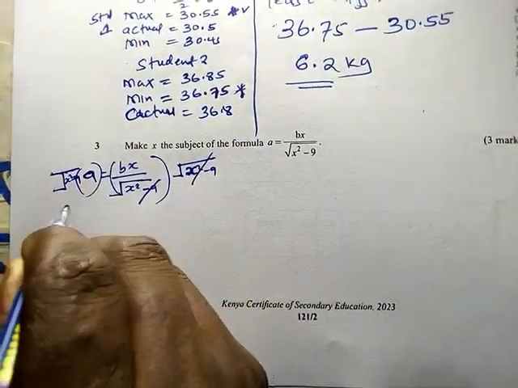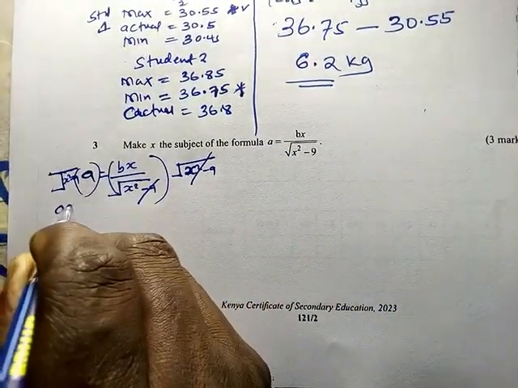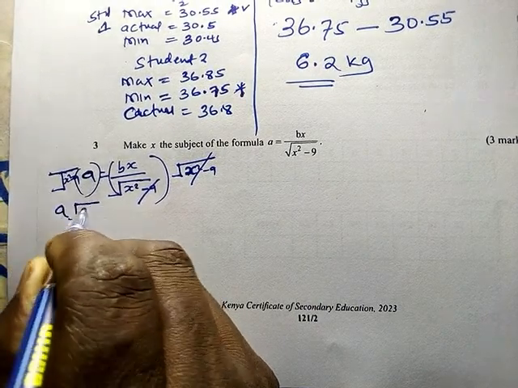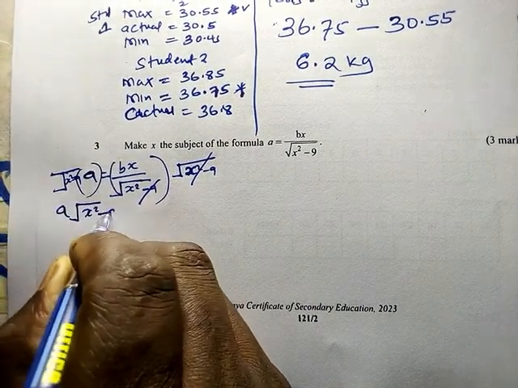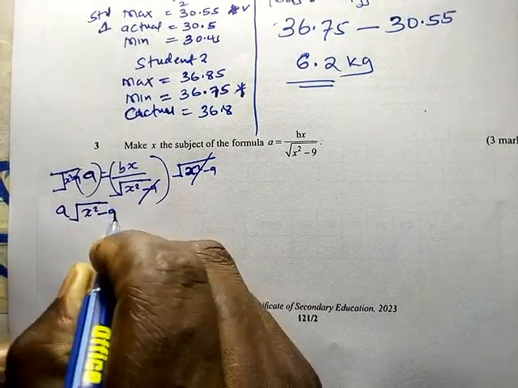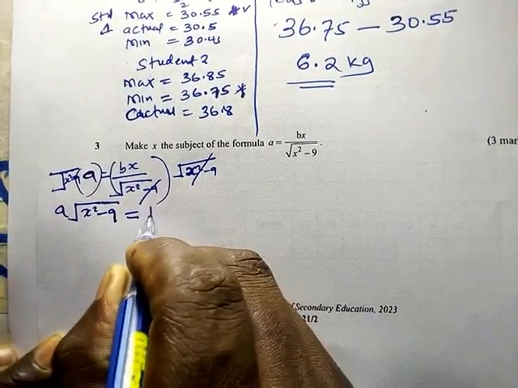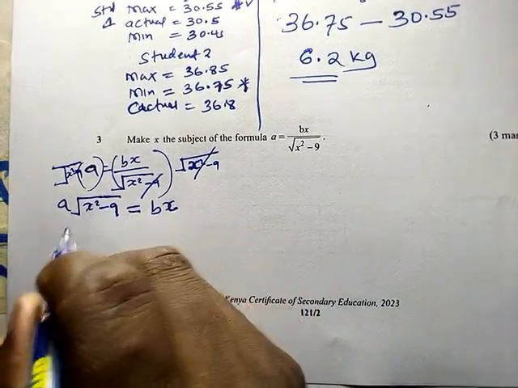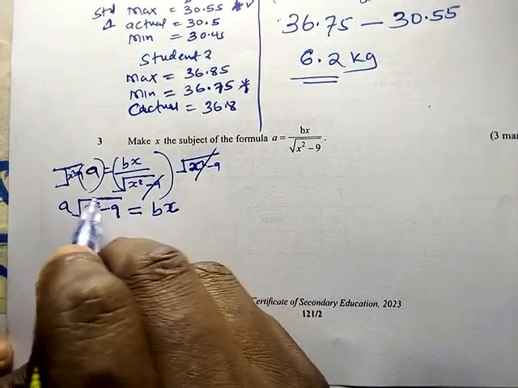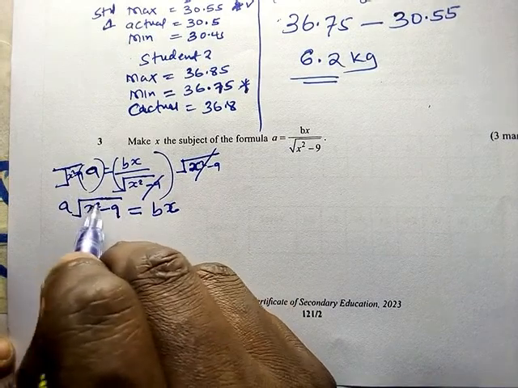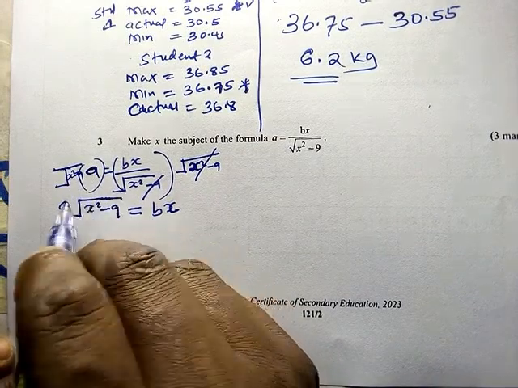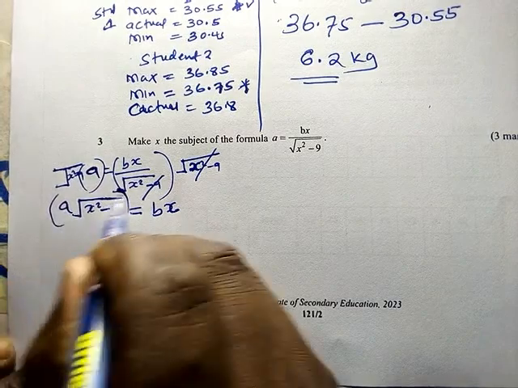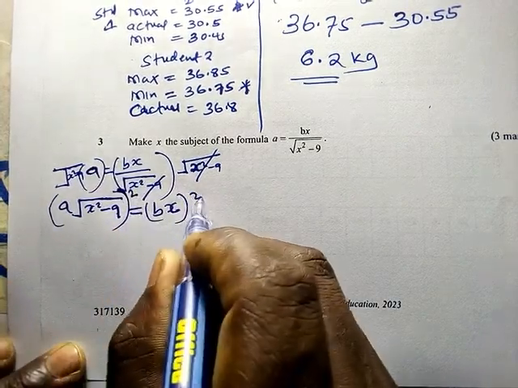Now we will have a times the square root of x squared minus 9, which is equal to bx. Now for the next step, let us remove the square root here. To remove the square root sign, we square everything, both sides.